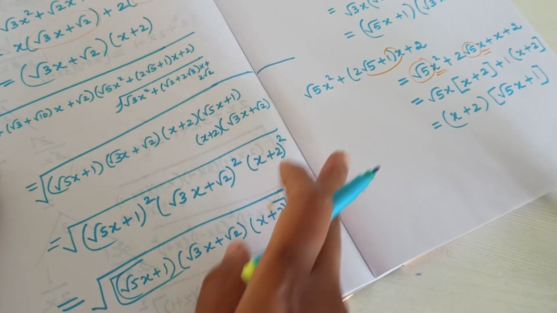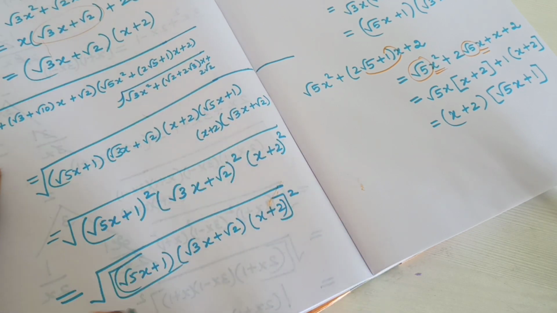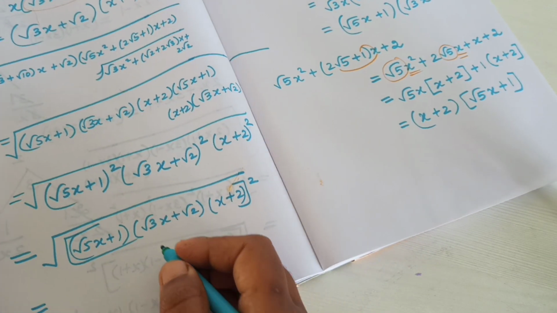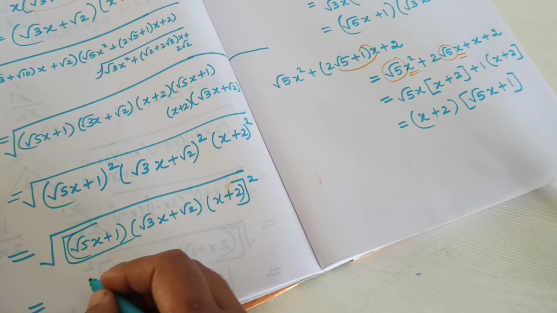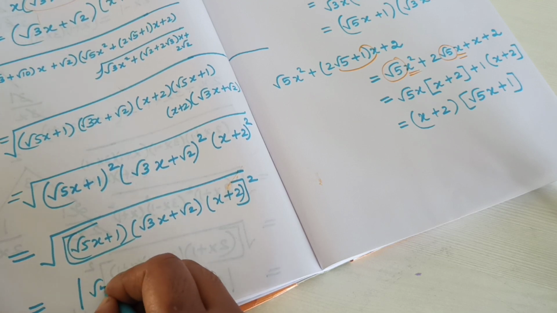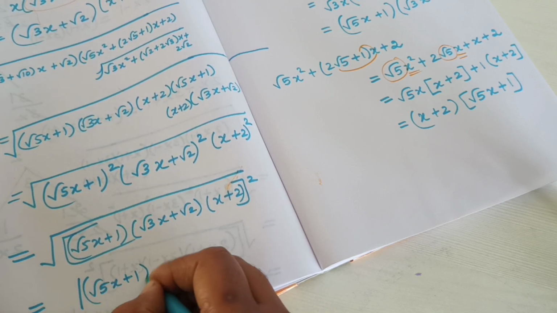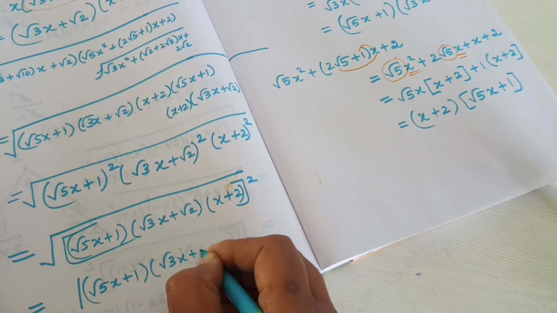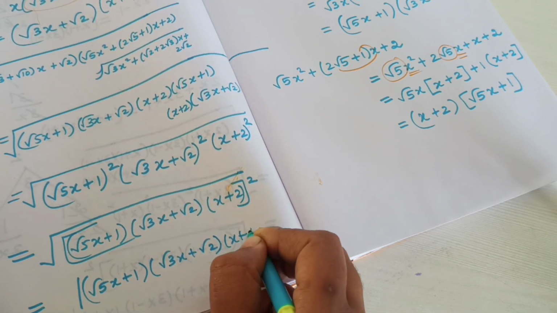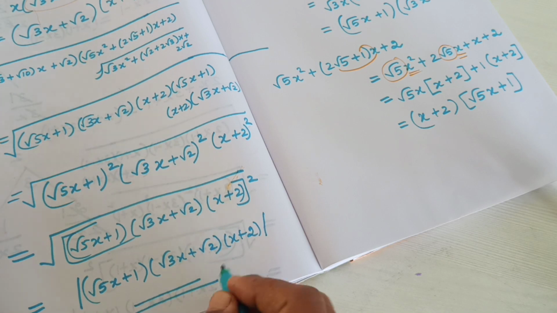I am taking all the square terms as common. Now the square and root get cancelled, and we need to write the absolute value, that means positive value. So inside the modulus we are writing the answer: root 5x plus 1 into root 3x plus root 2 into x plus 2. That's all. Easy, no?